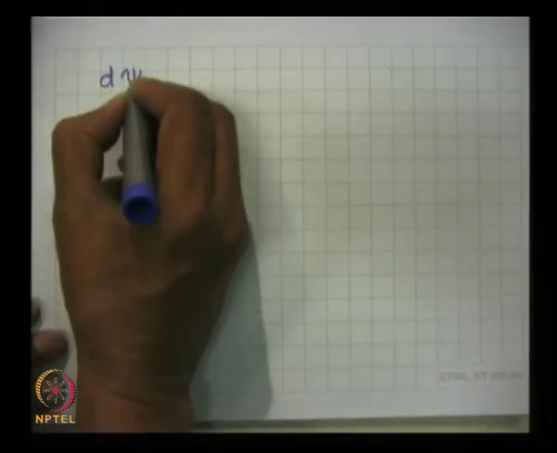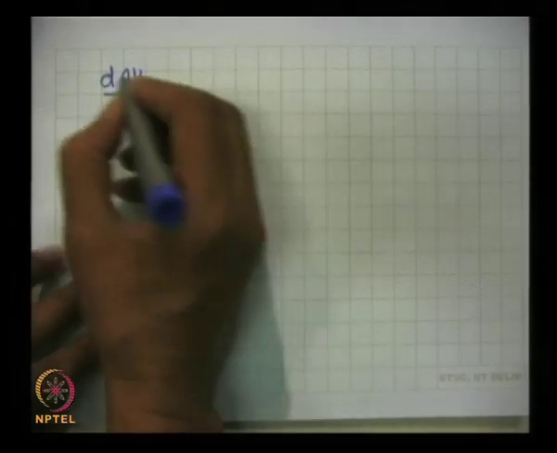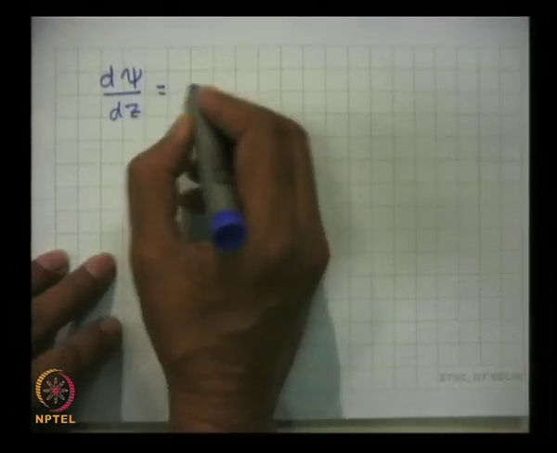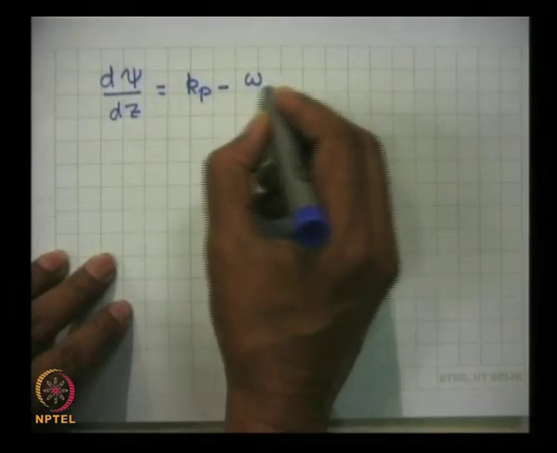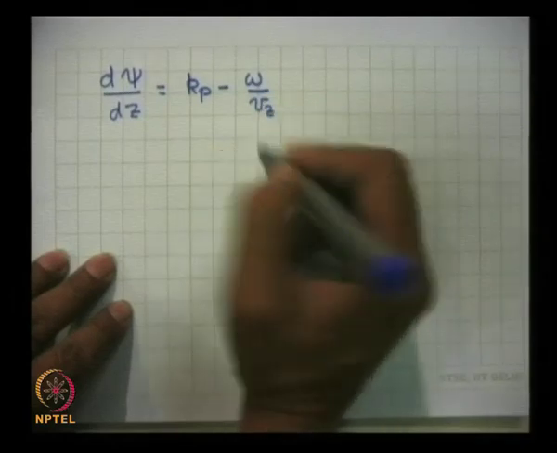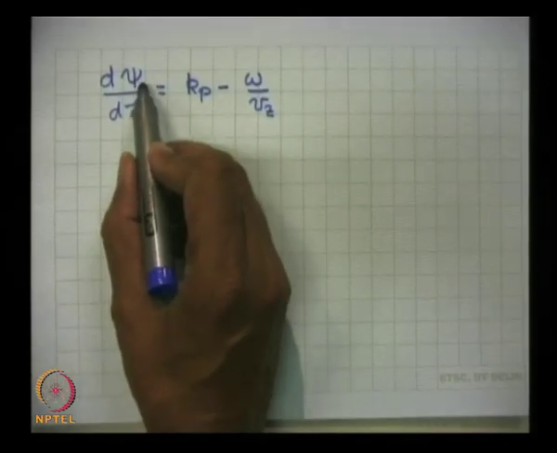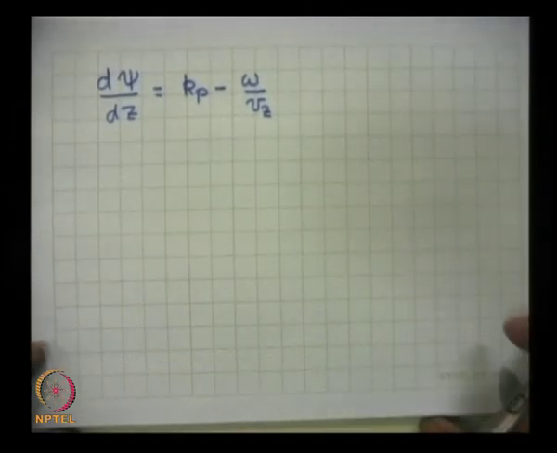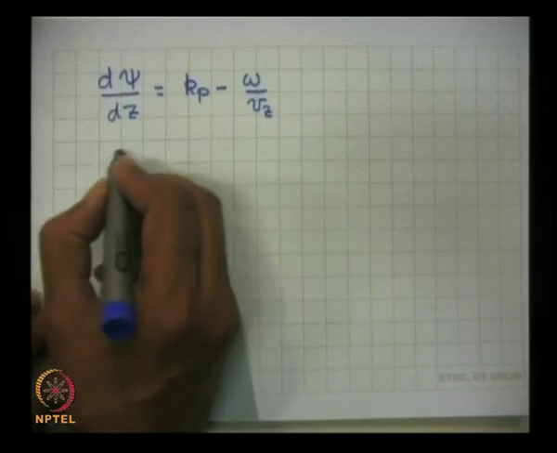d psi by dz, if you differentiate this, not partially, fully, because z is a function of time. So, this is equal to Kp minus omega into dt by dz, which is like Vz. So, the phase of the wave as seen by the moving electron evolves according to this equation, and one can write Vz in terms of gamma by using this relation.